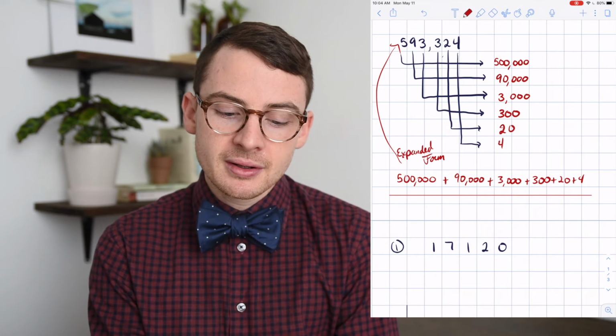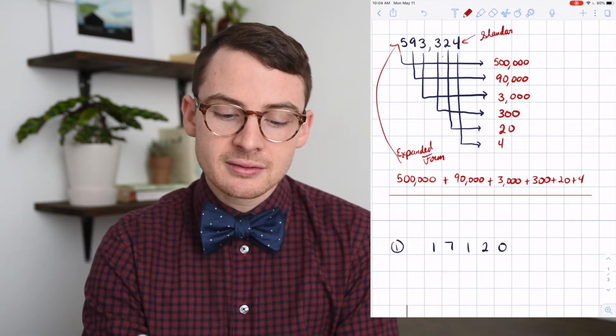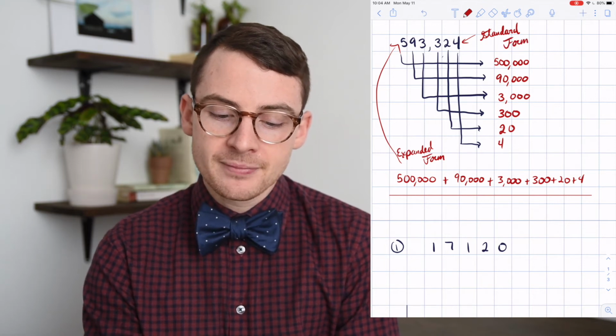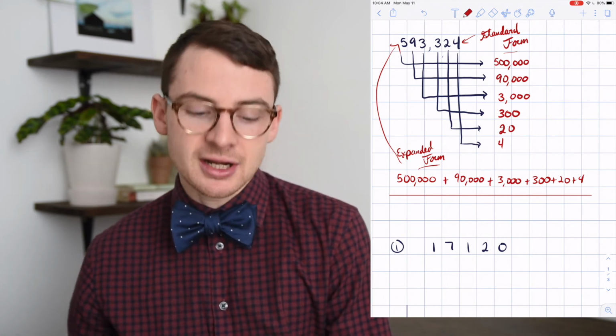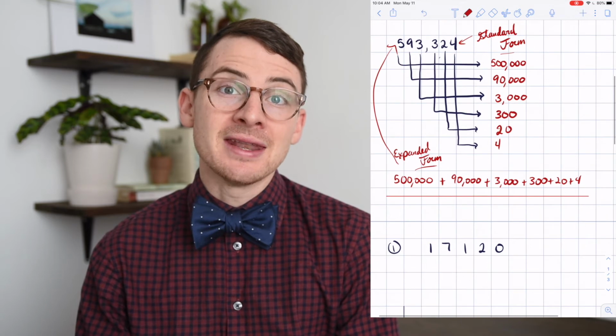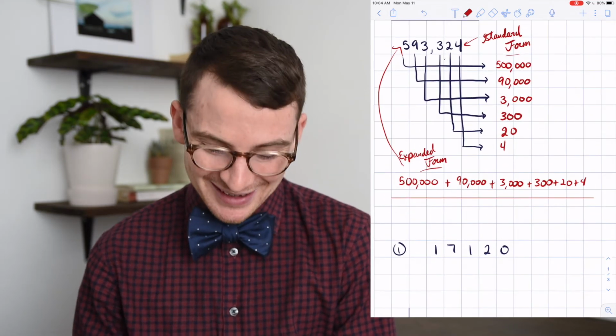And remember, this right here is the standard form. And then the other form would be the written form, where it would actually write out 593,324. Certainly a number that I'd like to see on a check given to me one day. All right? Here we go.